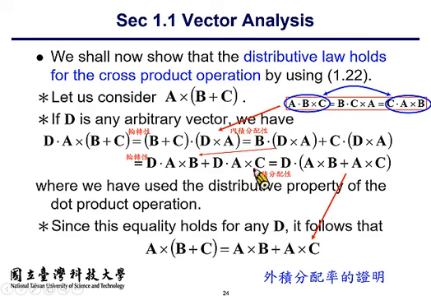You can collect the two terms in the back as A cross B plus A cross C dot D, so that you show that the distributive law also holds for the cross product.